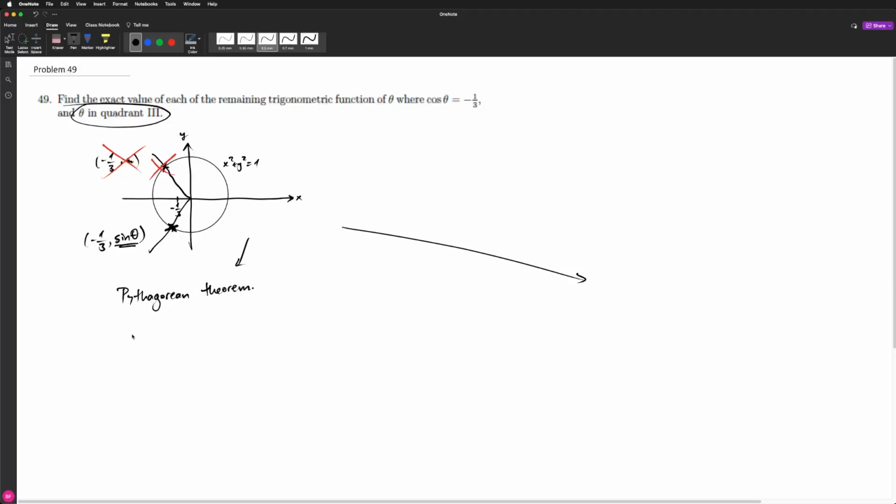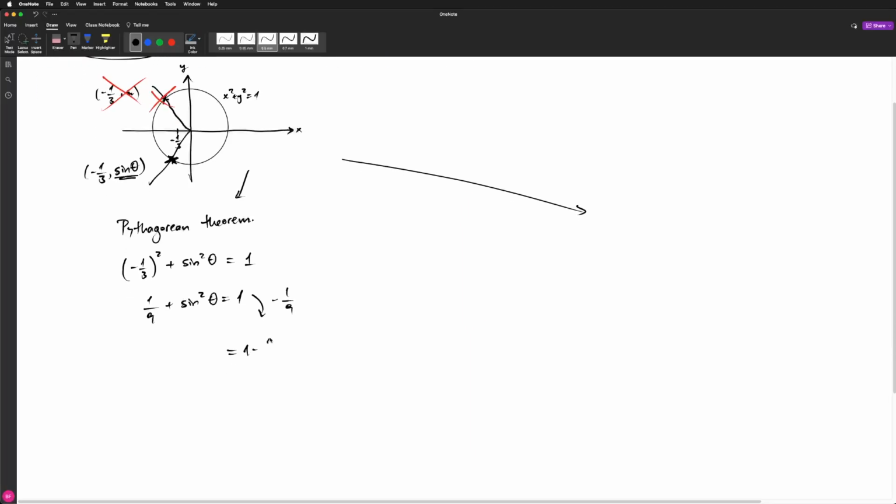In particular, if you take the x-coordinate of our point and the y-coordinate of our point, that happens to be sine theta, those squares will add up to 1. And 1/9 plus sine squared theta becomes 1. If I subtract 1/9, 1 minus 1/9, that's going to be sine squared theta, but 1 minus 1/9 is the same thing as 8/9.